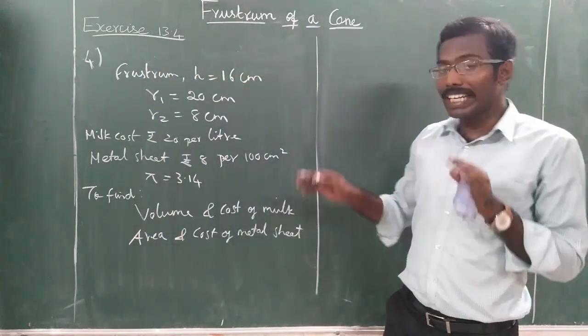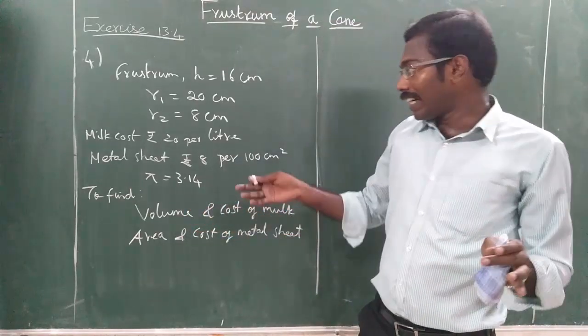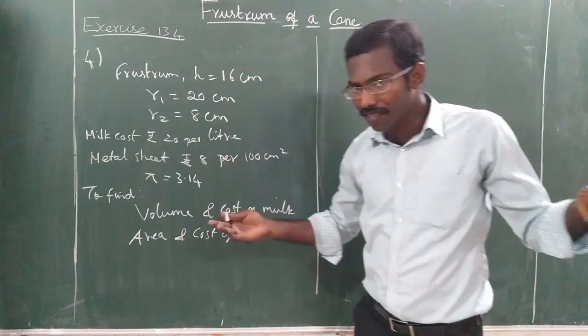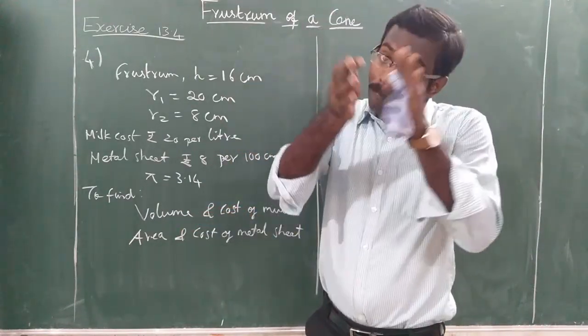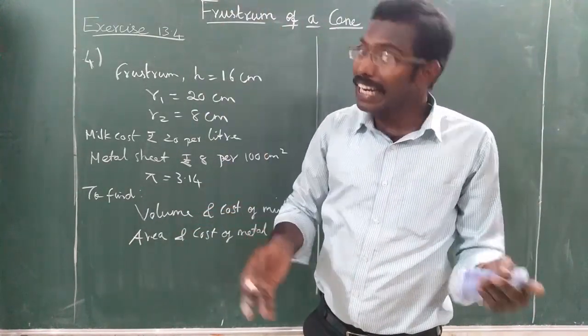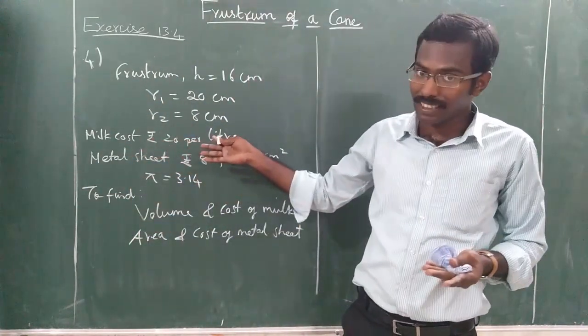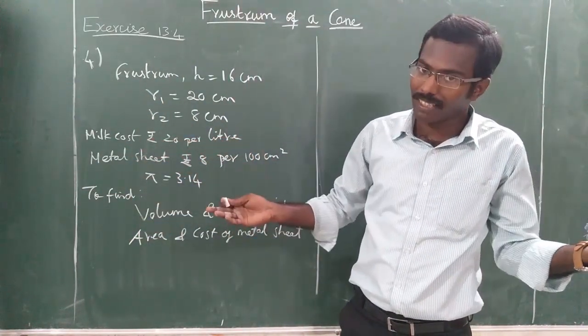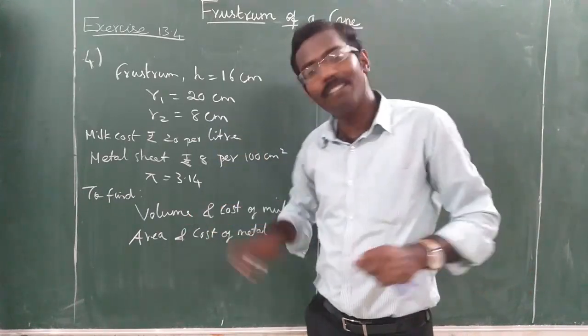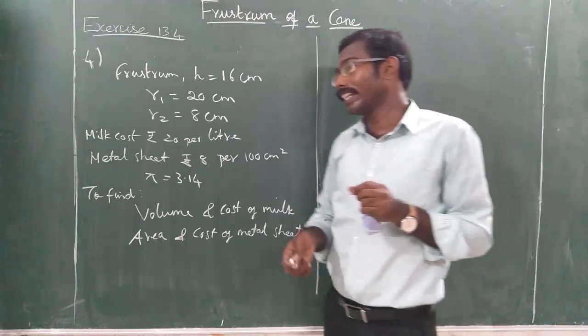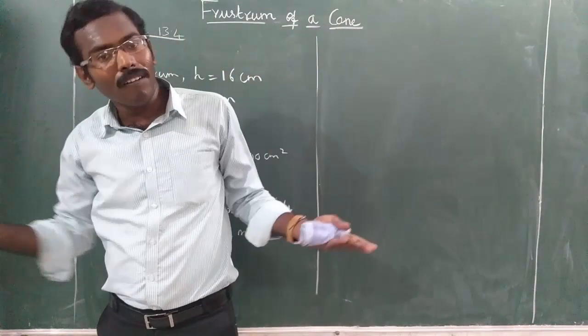In the question it is mentioned that the container is filled with milk, and you have to find the cost of the milk. Therefore, the capacity, the volume of the milk is equal to the volume of the container. That is, the container is the frustum, so the volume of the frustum. Understood? Then you have to find the area of the metal sheet. It is mentioned the container is made up of metal sheet.